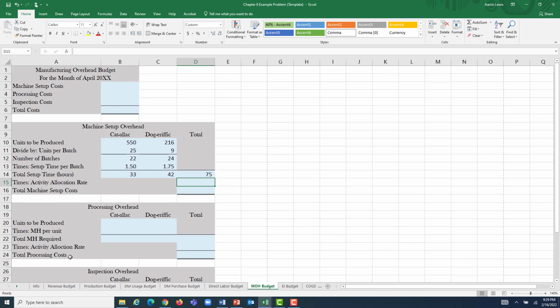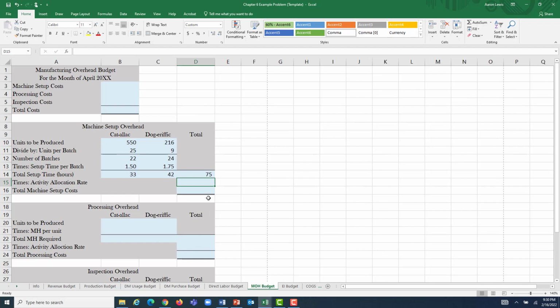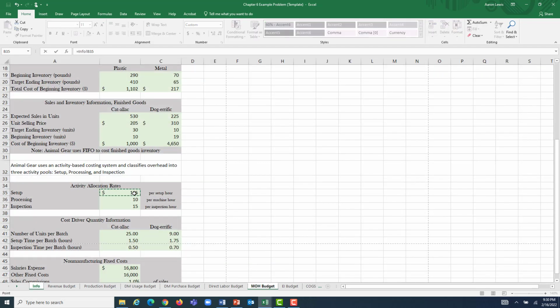Well, that's good because that is our driver for this particular activity. Our info tells us that our allocation rate is $105 of indirect costs going into each product for every setup hour that it takes. Well, let's go to our manufacturing overhead budget, therefore, and bring over that 105. Bring over our allocation rate.